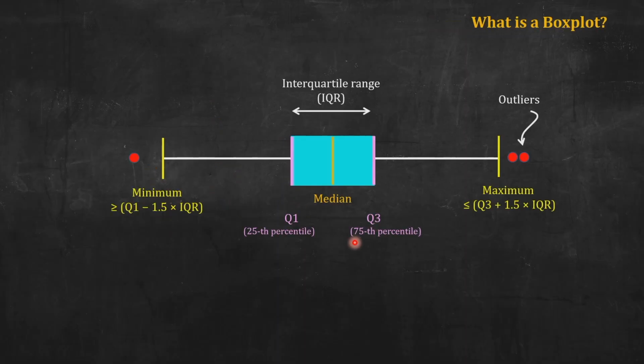So here I have drawn a box plot, one single box. I have drawn it horizontally to accommodate space, but the formalism will be the same when you draw it vertically also. A box plot will have a box, and in the middle of the box there will be a line. That line represents the median. How do I get the median of the data?